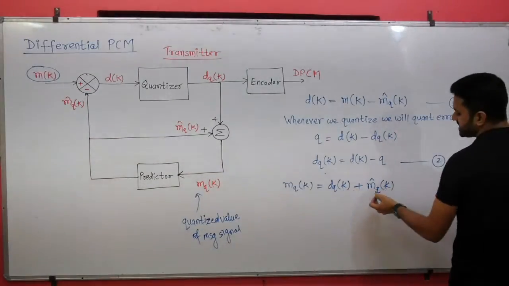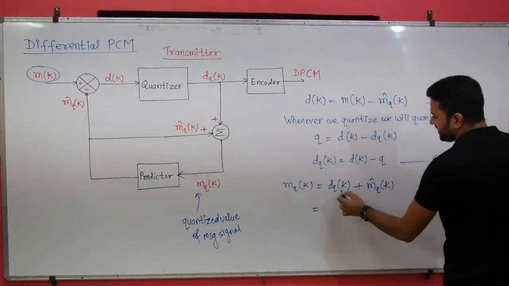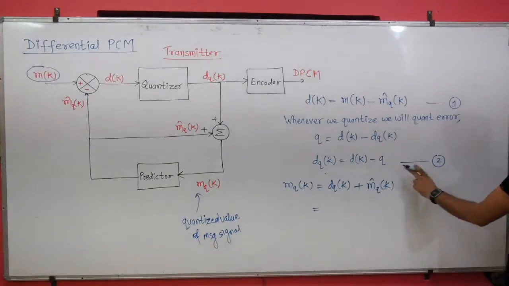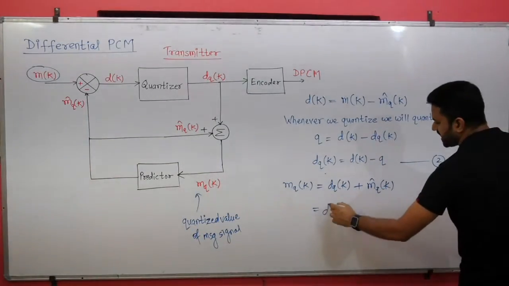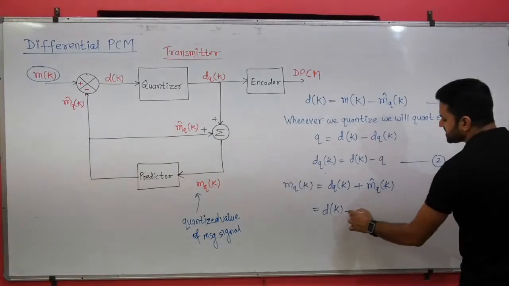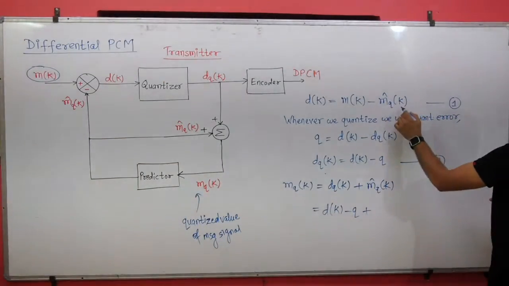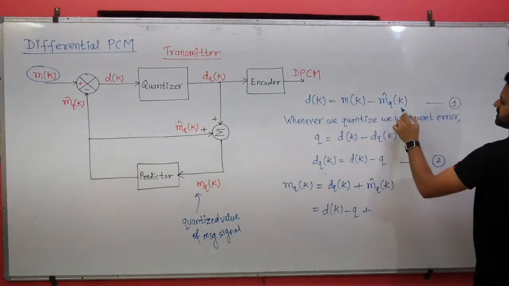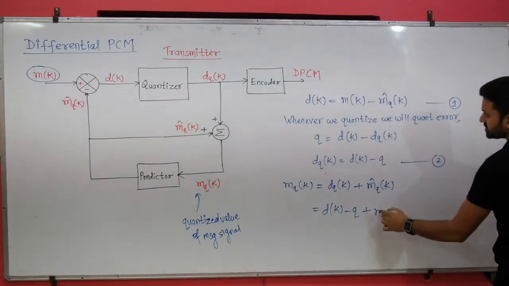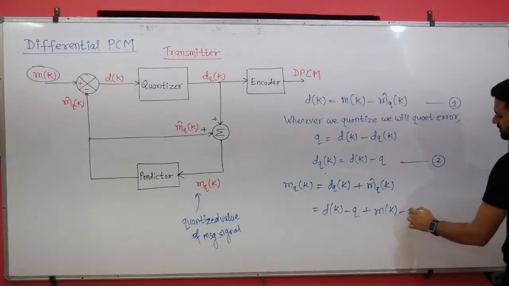What is the value of DQK? From equation number 2 we can substitute the value of DQK, which is DK minus Q, and we can also substitute the value of m cap QK from equation number 1, which is MK minus DK.